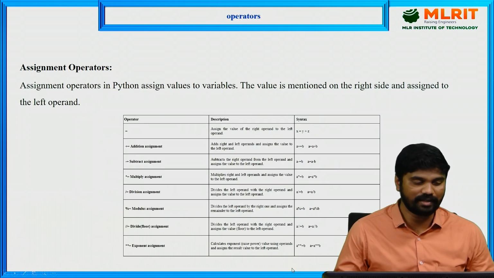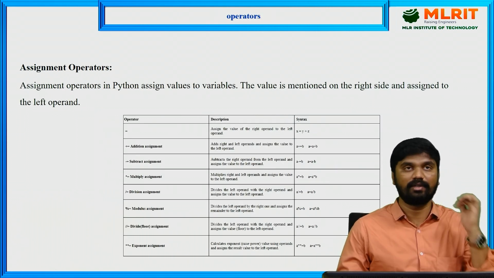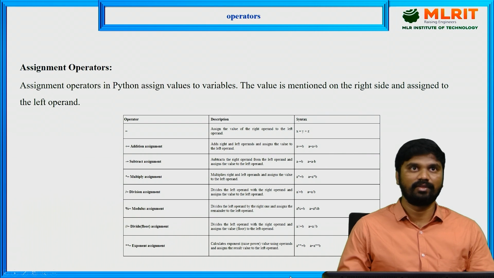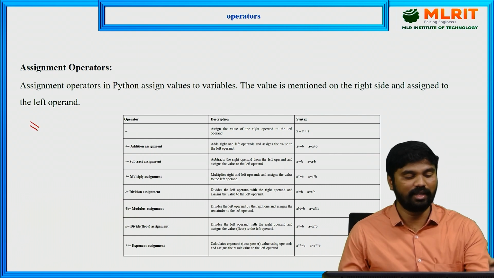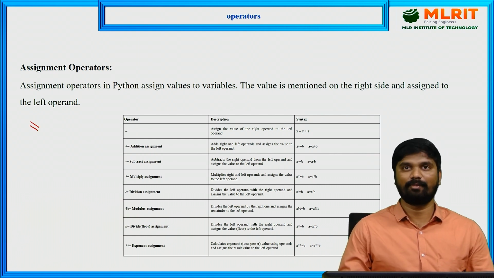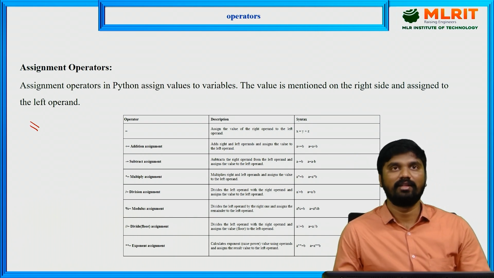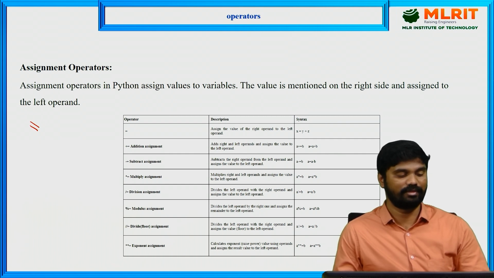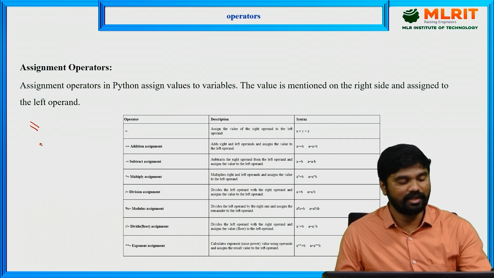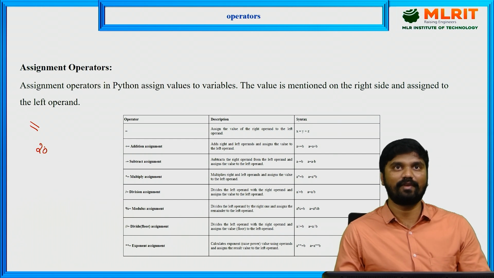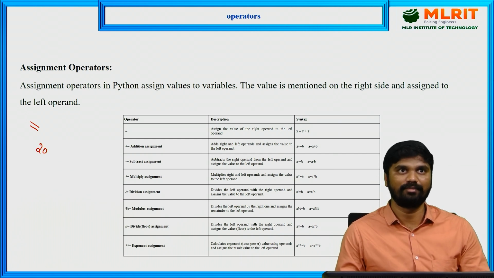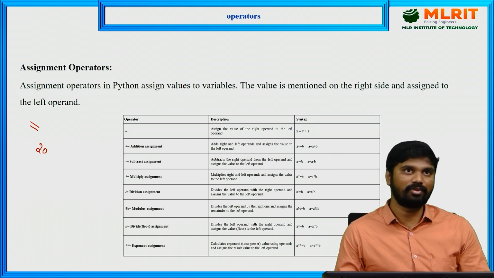Next, we have another type of operators, that is assignment operators. So what are assignment operators? The symbol for the assignment operator is the equal symbol. Assignment operators in Python assign values to variables. For example, there is a value 20. This value has to be assigned to a variable, or stored in a variable.